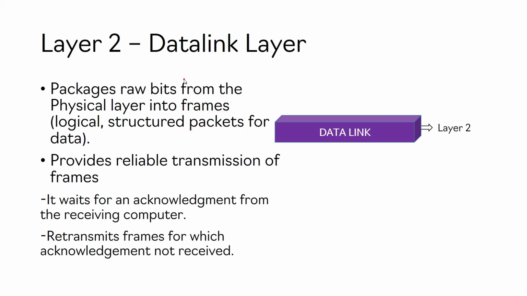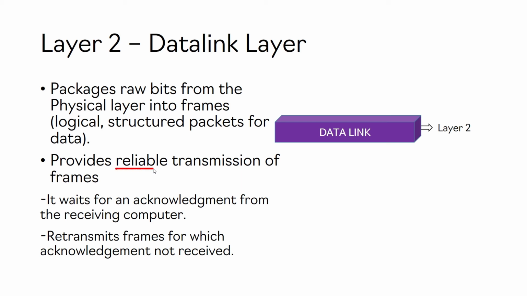So the data link layer also ensures reliable transmission of frames. The grouped bits are reliably transmitted over the network. Like I said, there is also what we call the acknowledgement of receipt of transmitted data, which in this case we're talking about frames, from the destination.